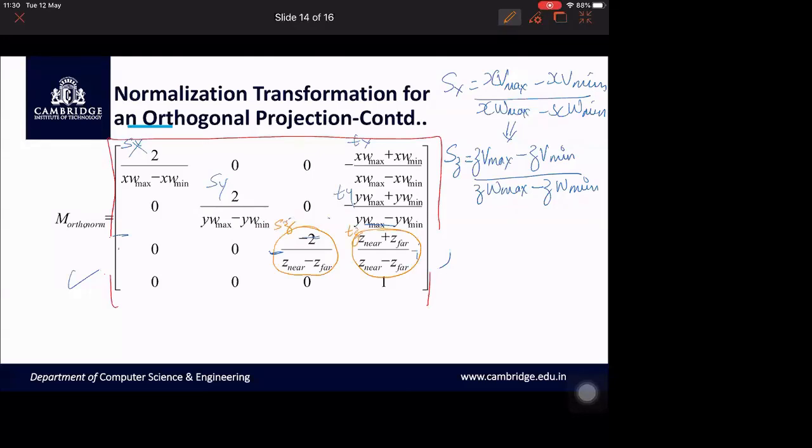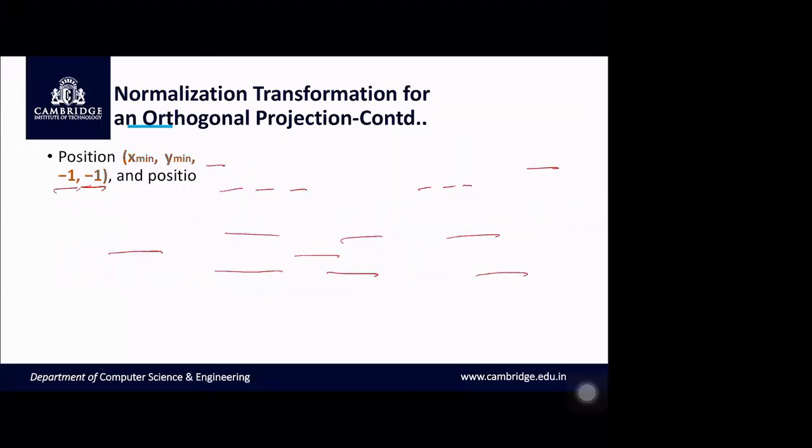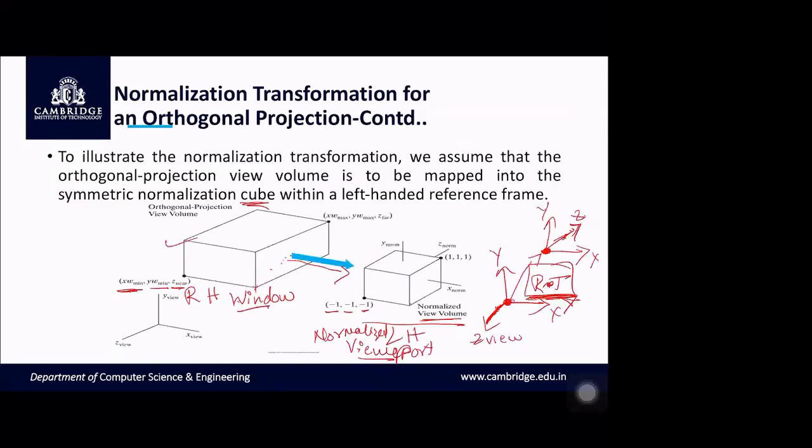Okay. Now I have to get Sz. So what will be your Sz? Please go back. Check here. This will be window. That is nothing but ZW. The ZW value will be this. The Z view, that is the viewport, the normalized viewport value will be this. That is a normalized value.